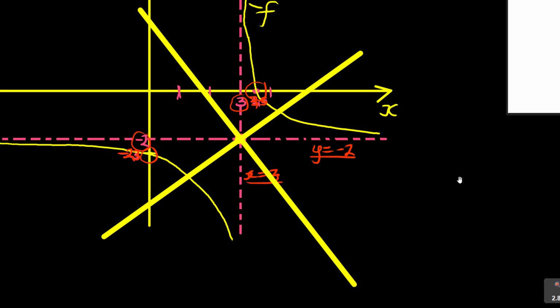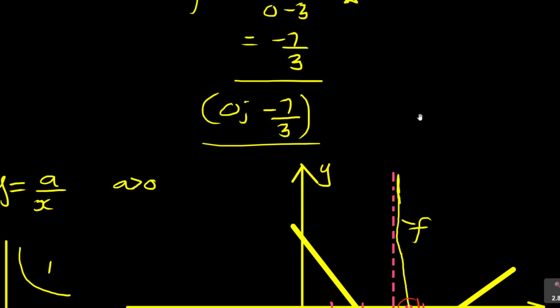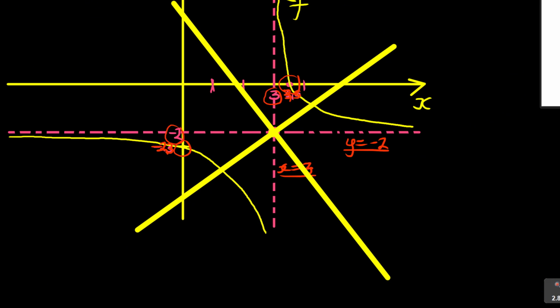They are saying, determine the equation of the axis of symmetry of f having a positive gradient. So which one has got a positive gradient? It is this one. If I can show you this one, there's a positive gradient. That one. So if it's got a positive gradient, the key thing again, I repeat, is that point.